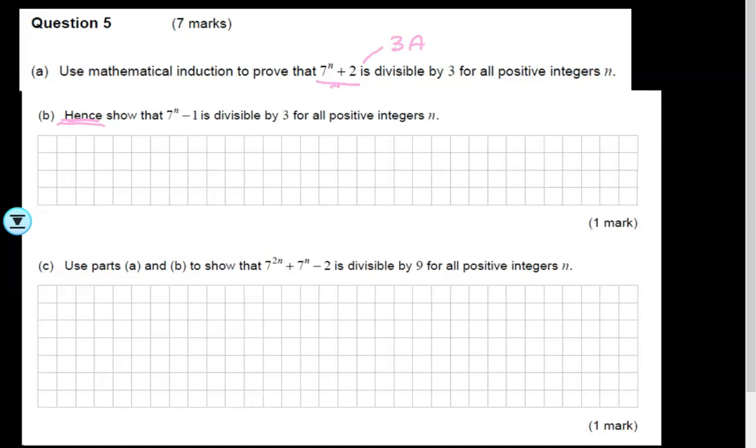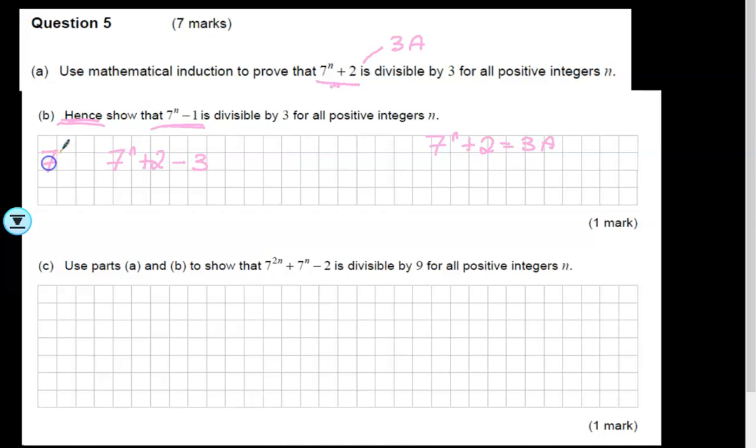Can you just say that because 7 to the n plus 2 is 3a, and then 7 to the n take 1 is just 3a take 3? You most certainly can. So we know this, I would write this down, 7 to the n plus 2 equals 3a, and I'm going, well, how does that relate to this? Well, 7 to the n plus 2, if I took away 3, does that not equal this?